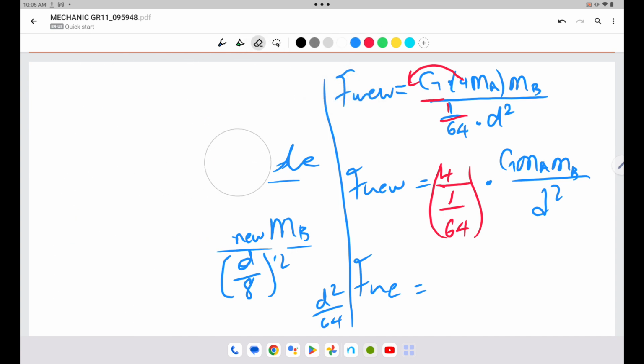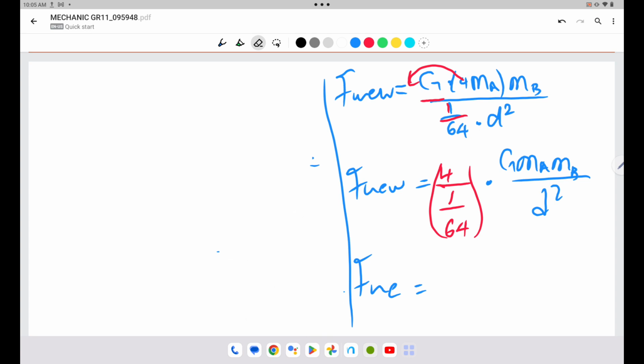I'm going to work it out on the side in green pen. So we have 4 divided by 1 over 64. So remember, we can rewrite this as 4 and represent the division line with divide. Divide by 1 over 64.